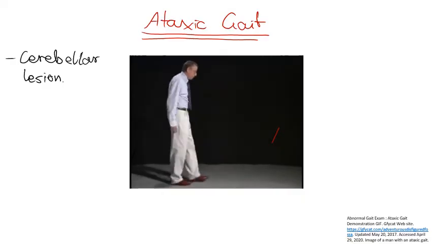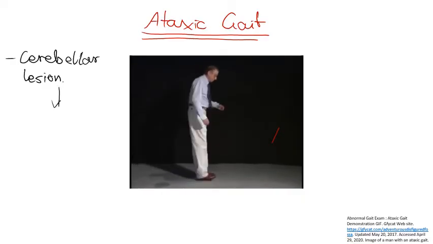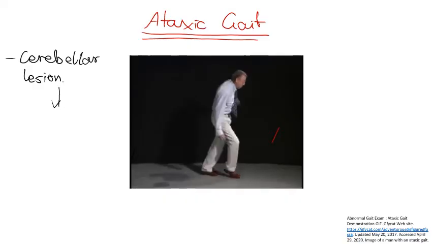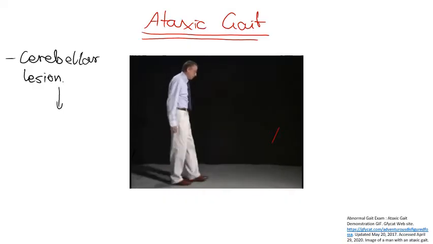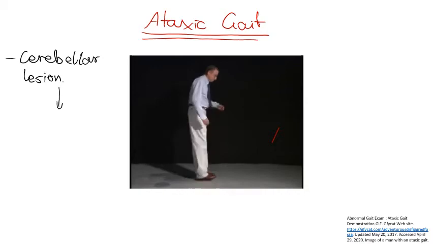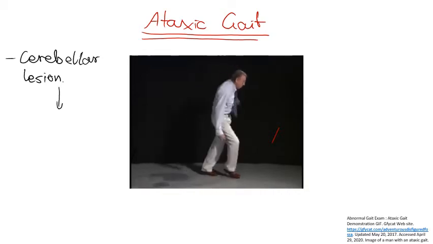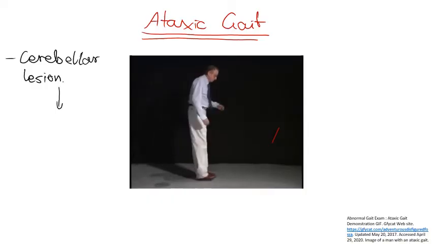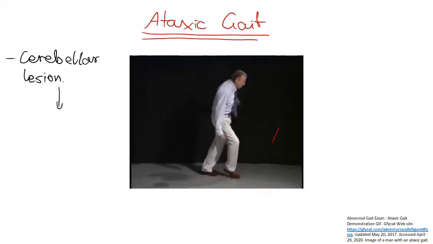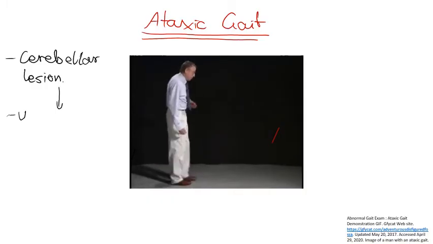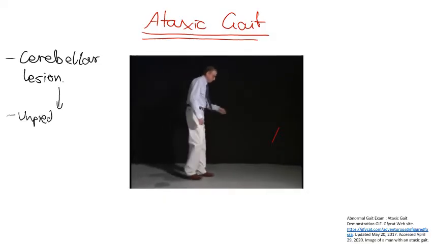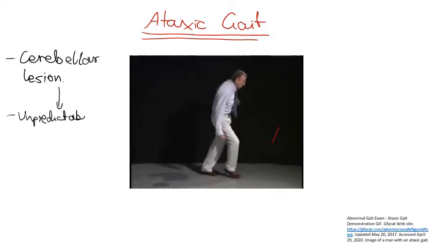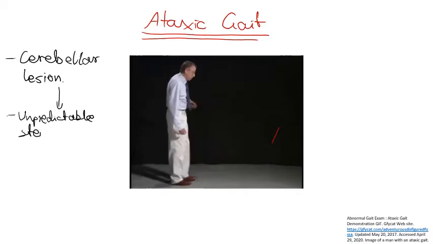So some key features of an ataxic gait include a lack of proper step length. Now, step length is defined as the length between the heel of the left leg and heel of the right leg whenever taking a step. So there is firstly an unpredictable step length.